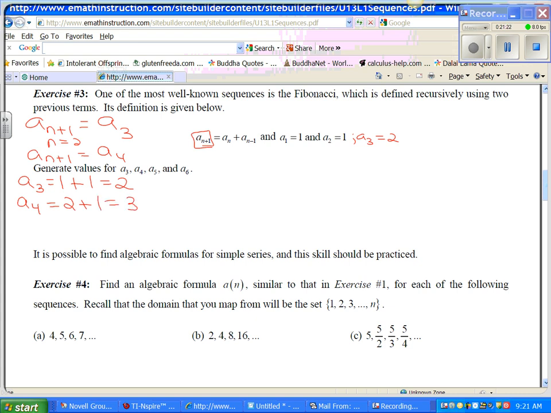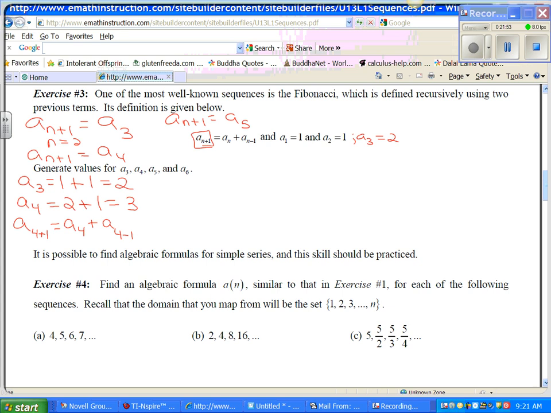You just got to do it piece by piece. You have to know what n is. Okay, if you need to write it out, that's fine. Write it out. Okay, A sub 5, A sub n plus 1. What's n? 4. Okay, so I can even say 4 plus 1. If it's easier for you to see this way, we'll write it out once so you can see it. Okay, so we're going to use A sub n, or A sub 4, right, plus A sub 4 minus 1.